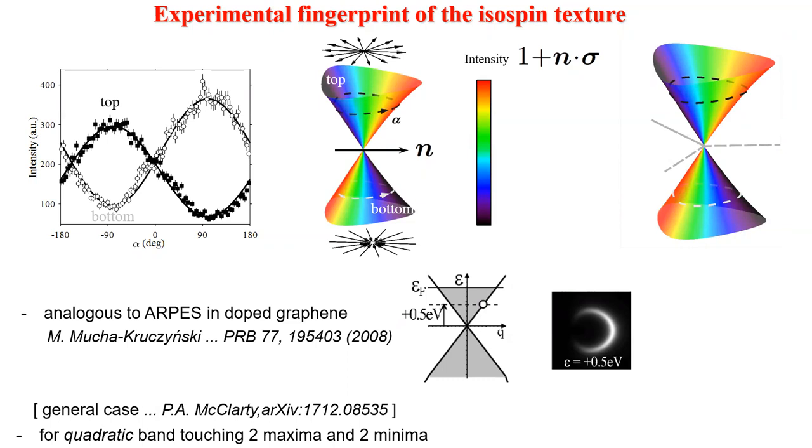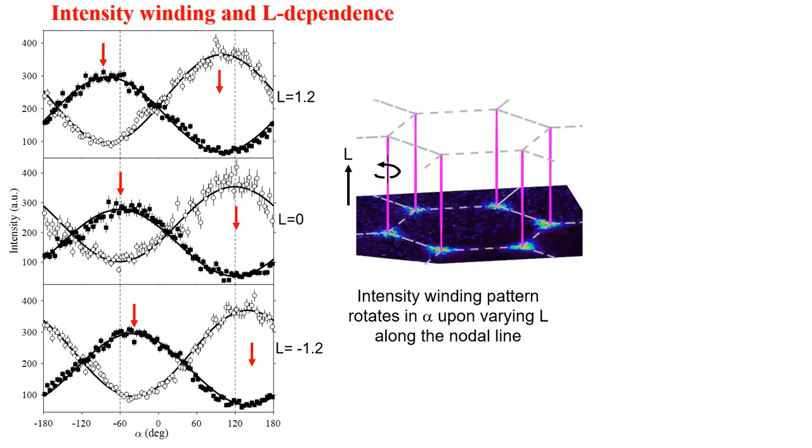So now, of course, we have a 3D system here, so we can do this experiment against L for any L value, because we have another line. If we go to L equals 0, it means that we treat all the layers as equivalent along the c axis, and the intensity maxima and minima are exactly along the radial direction.